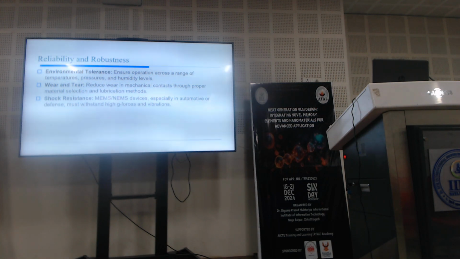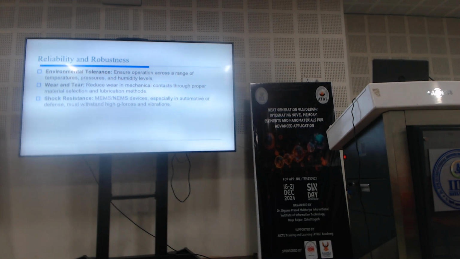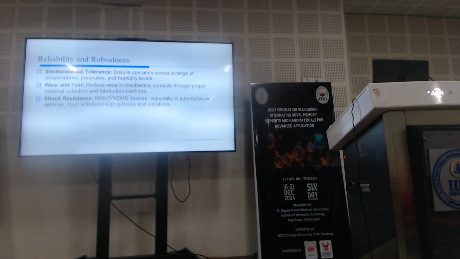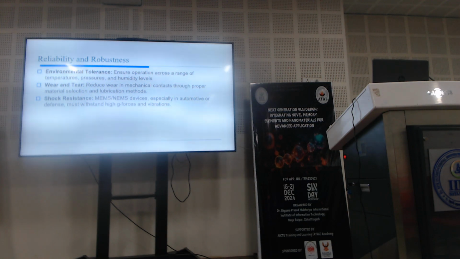And shock resistance. If high gravitational force occurs on the sensor, how can it react instantly? For example, in a vehicle, the airbag has to be deployed suddenly. Generally, without a seat belt, when an accident happens, it will be nearly 150 G of gravitational force.